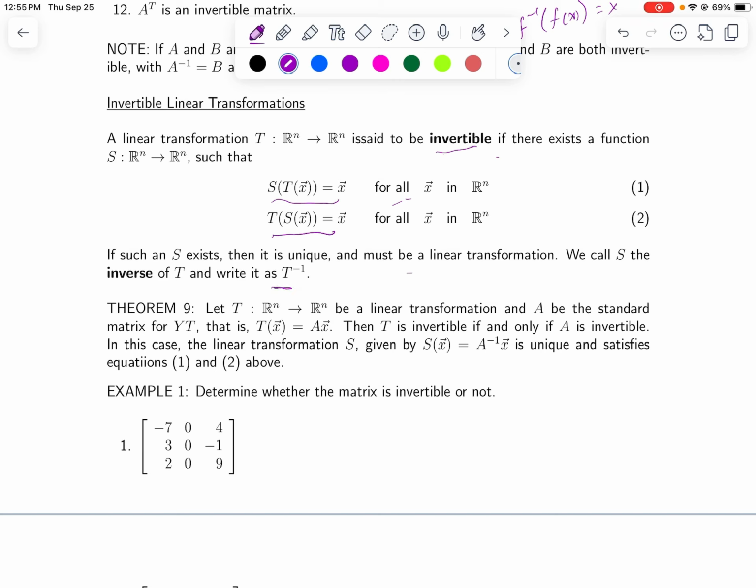Similar thing here. If such an S exists, then it is unique and must be a linear transformation. So if T is a linear transformation, then the inverse must be a linear transformation.